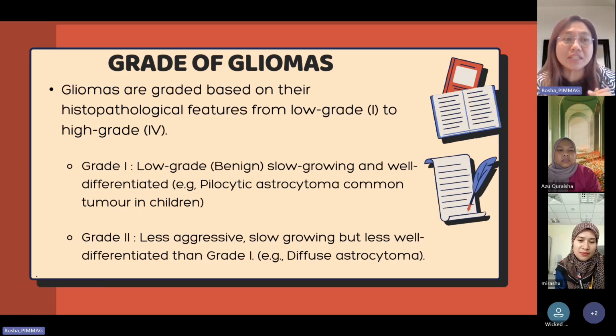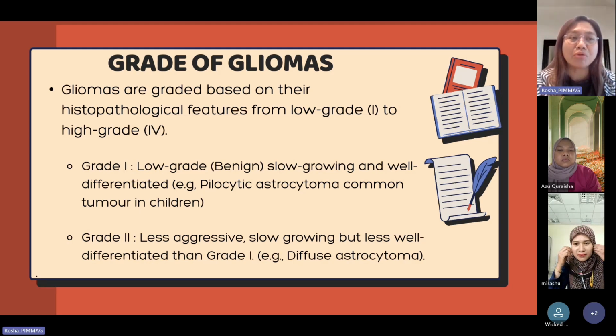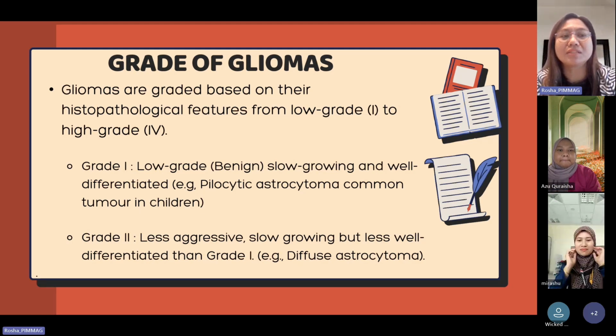The gender also can contribute to the risk, as men are slightly more likely than women to develop gliomas. Then other genetic factors and also the family history can contribute to the risk of gliomas.